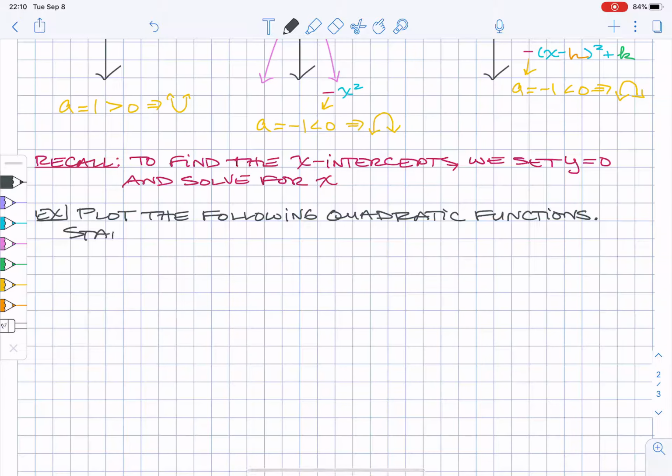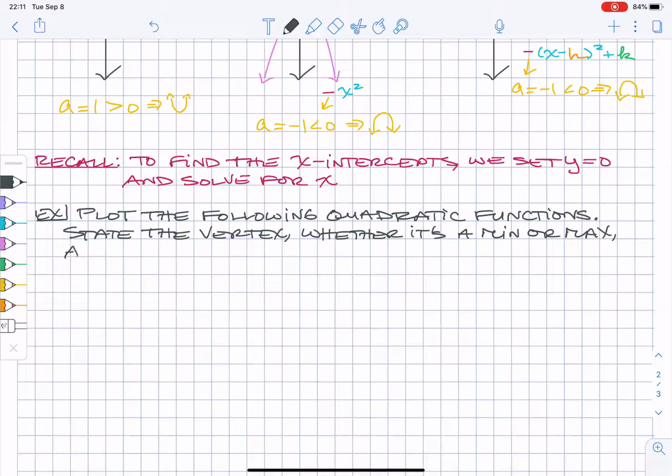State the vertex, whether it's a min or max, and all axial intercepts.